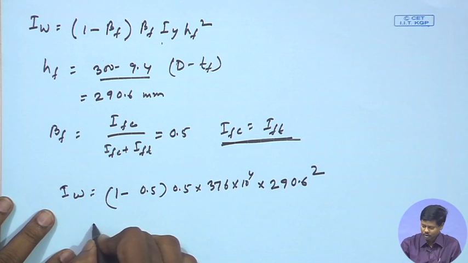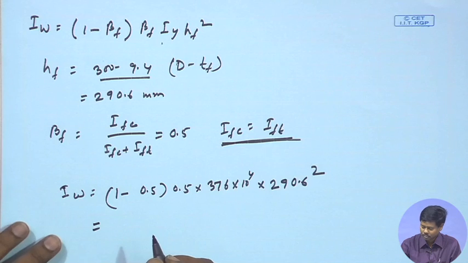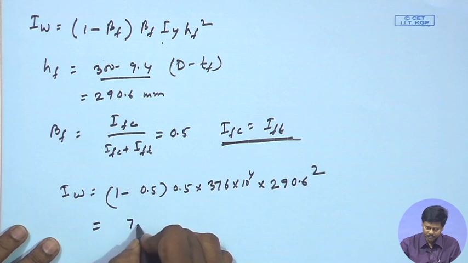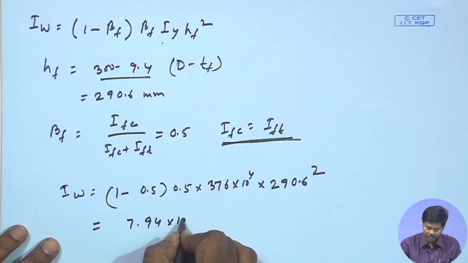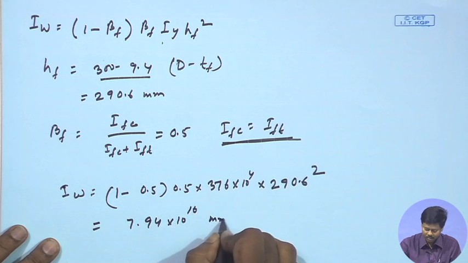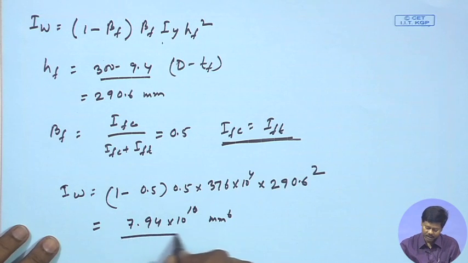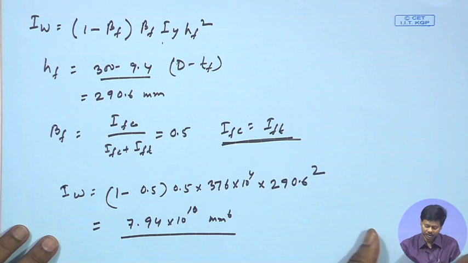So, the IW value can be found as 7.94 into 10 to the 10 millimeter to the 6, right. So, warping constant IW can be calculated as 7.94 into 10 to the 10.